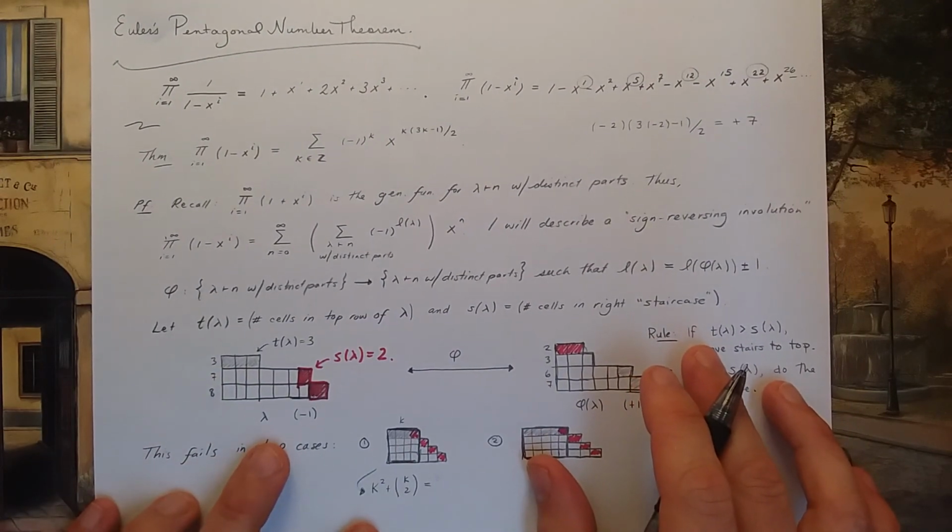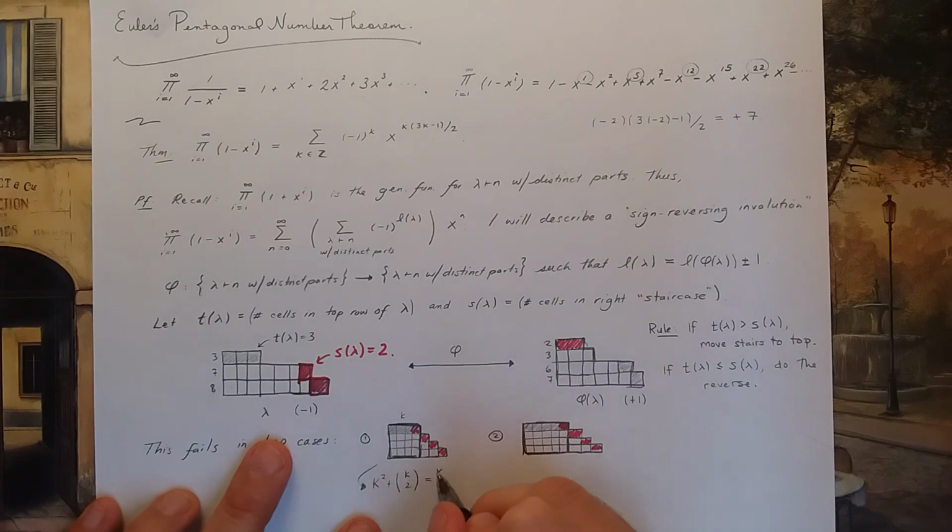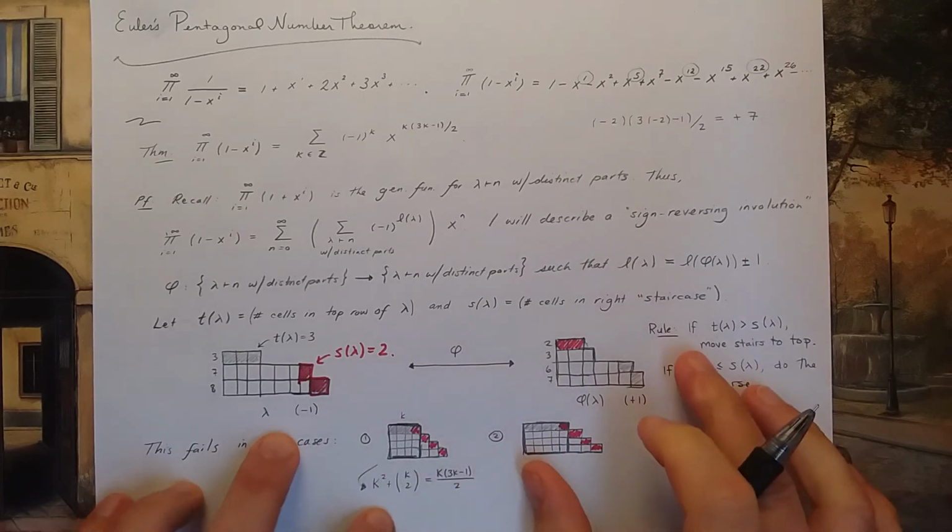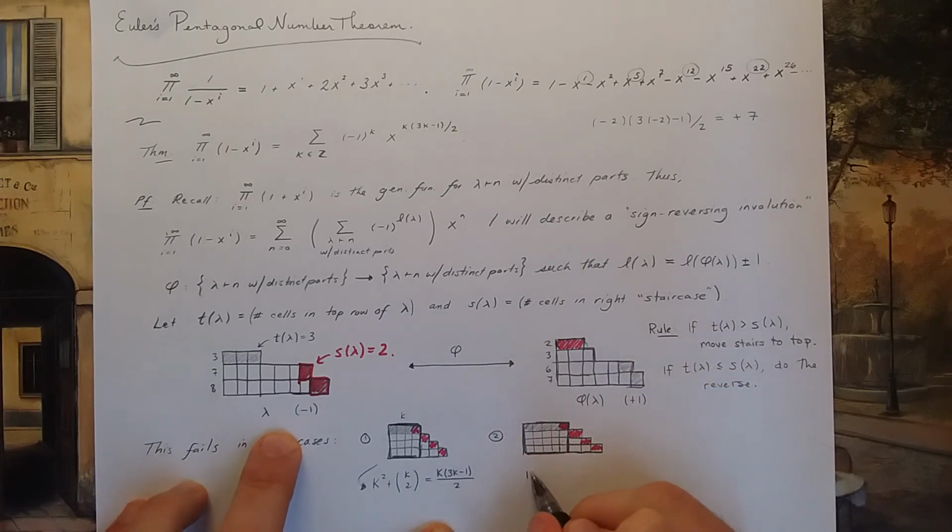You get the pentagonal number. This is k times 3k minus 1 over 2. And in the other case, you will get k times k plus 1. That's the square with an extra column on it. So this is k. This would be k plus 1. And then the stairs would have k plus 2 terms.